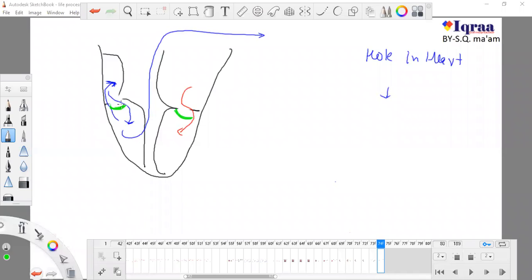There is a pressure of upcoming blood. If I'm sending something with much pressure, due to this pressure it may return, it may strike here and go back again.